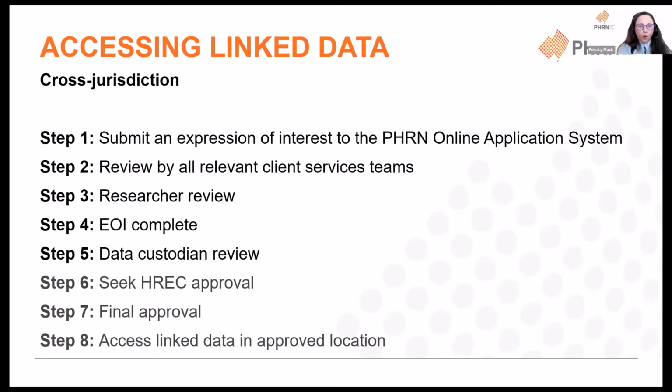And then we coordinate review by all of the client services teams that would be involved in your project. So if you're asking for data from 3 jurisdictions, for example, we will organise for a meeting of all of those jurisdictions to review your application and then provide consolidated feedback to you about the feasibility of the project.